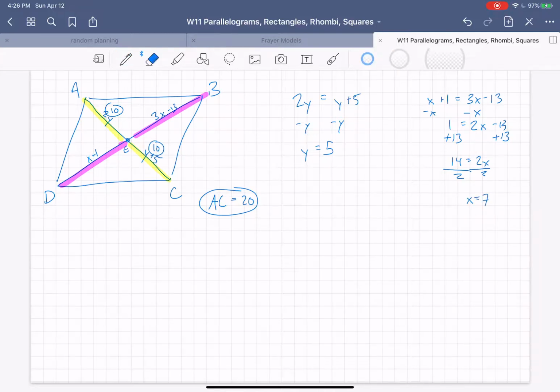We have 6, right? 7 minus 1 is 6. Wait, that was x plus 1. So 7 plus 1 is 8. And then we have 3 times 7 is 21, 21 minus 13 is 8. All right, so both sides are 8, which means the whole thing, DB, is equal to 8 plus 8, which is 16.